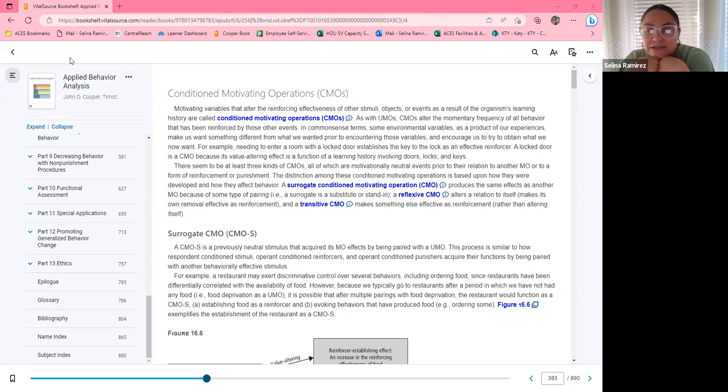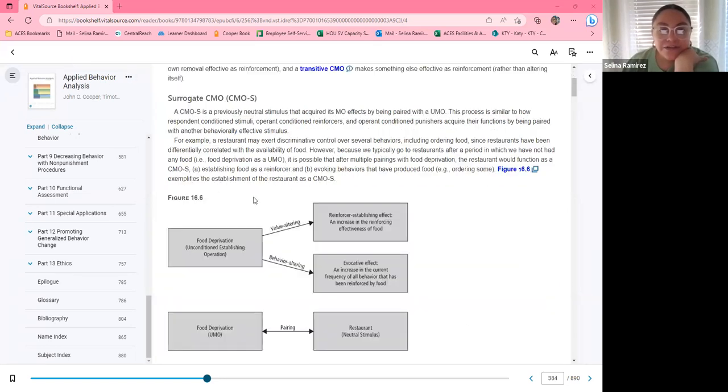So make something else effective as reinforcement rather than altering itself. So for CMO-T, I always think of tool. So the tool is going to change, or the tool becomes the motivation. You need the key to open the door. So that's your CMO-T. That's the tool that you need in order to open the door. But maybe a key wouldn't be valuable if the door was already unlocked. So stuff like that. So that's just a little summary of those three.